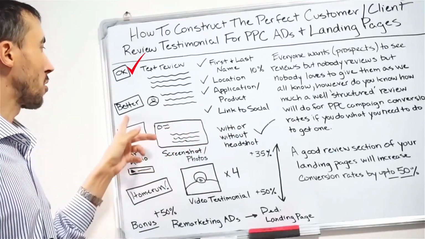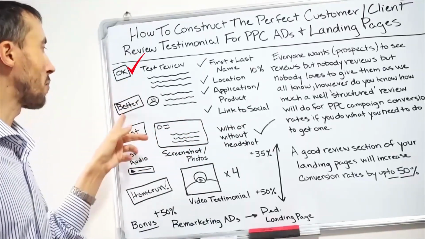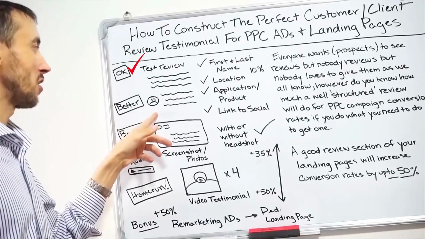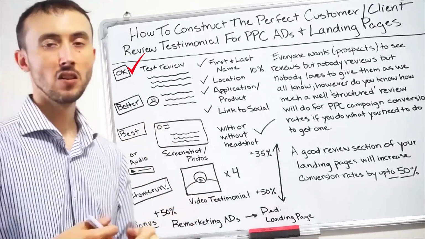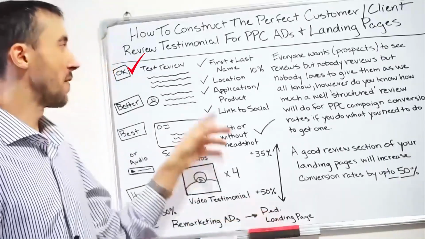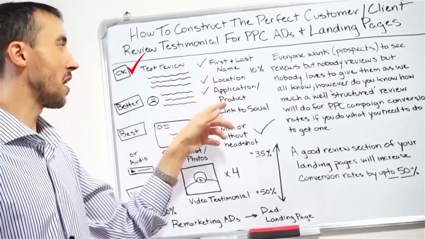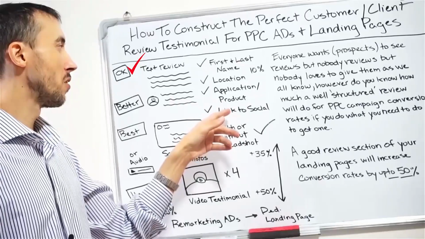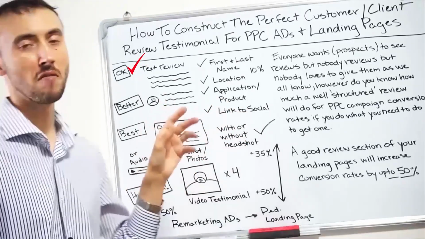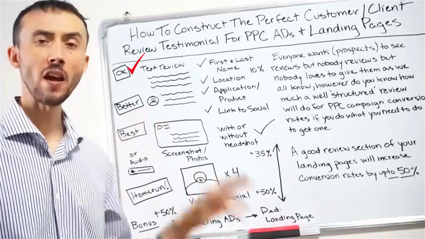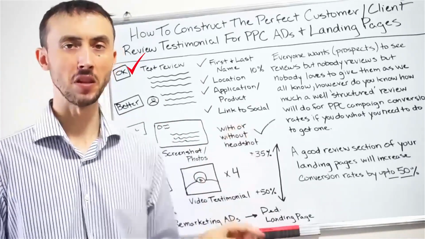The other thing, the better, so we're going from okay to better here. The better option here, also the big one, is to have a headshot. You want to have a picture of that guy or gal, not just their name and where they're from, and a link to their social, but if you have a picture of that person right on the page, it also becomes quite a bit more believable.